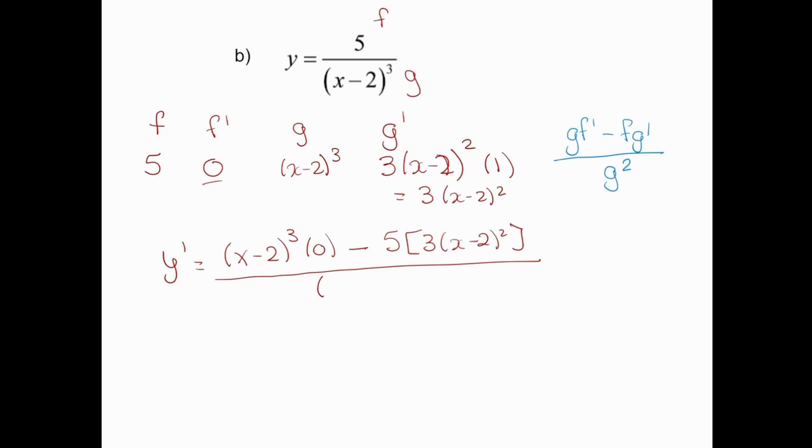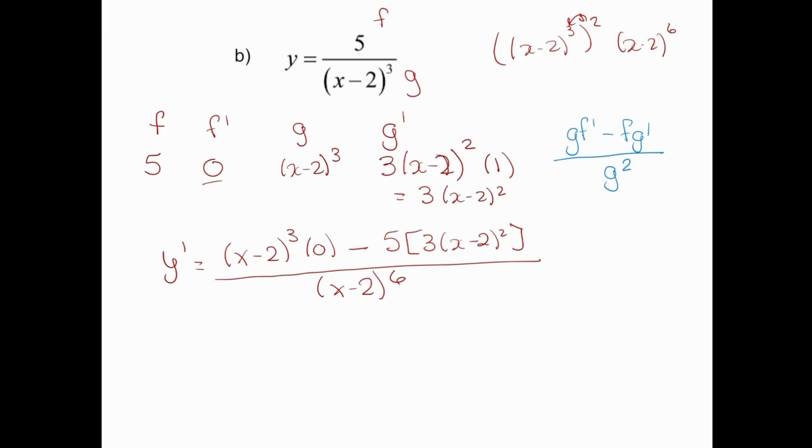So we have x minus 2 to the power of 6. Just as a reminder, if I have x minus 2 cubed and I'm squaring that, I'm multiplying the exponents, so it becomes x minus 2 to the power of 6.